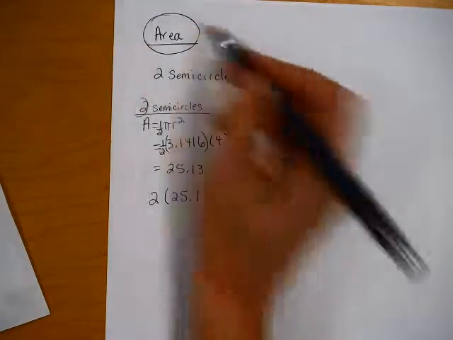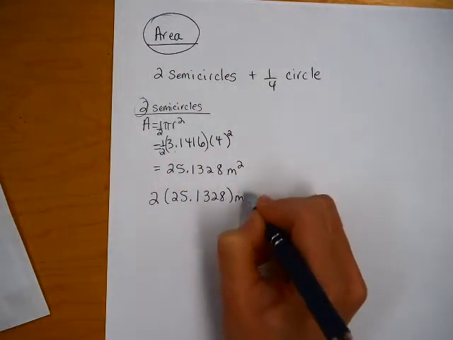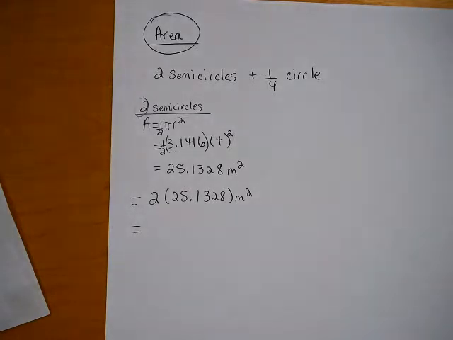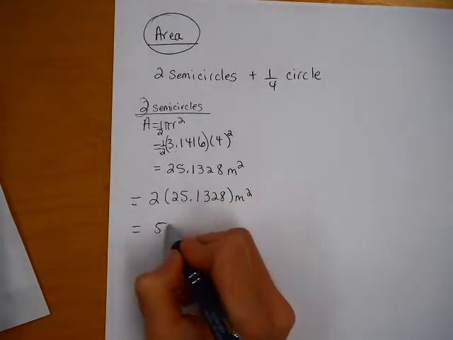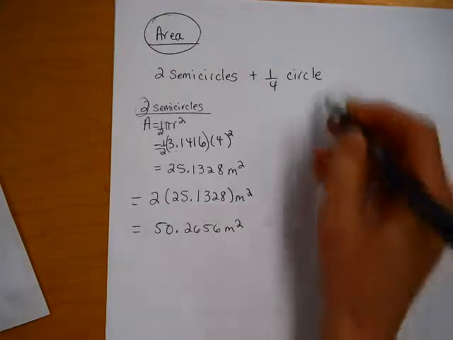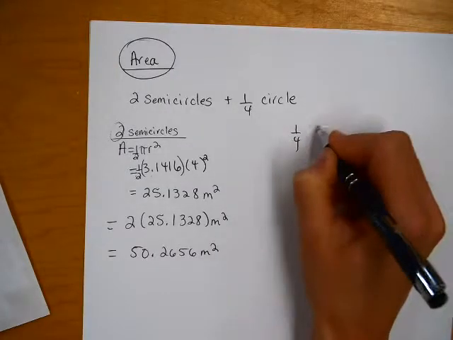Since this is area, that's a square measurement. And so the area of my 2 semicircles, so times 2, would be 50.2656 square meters.